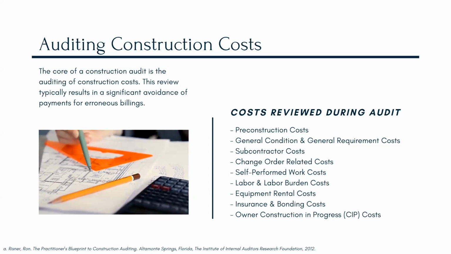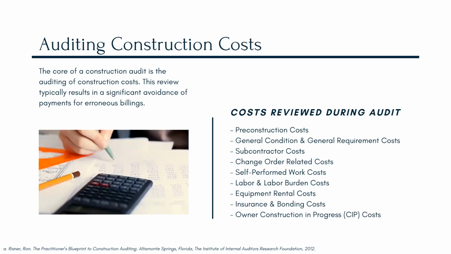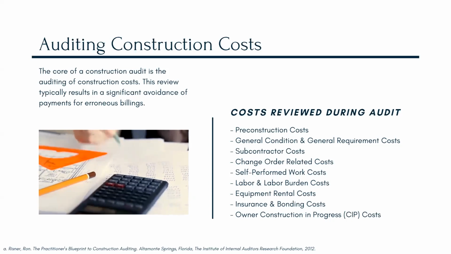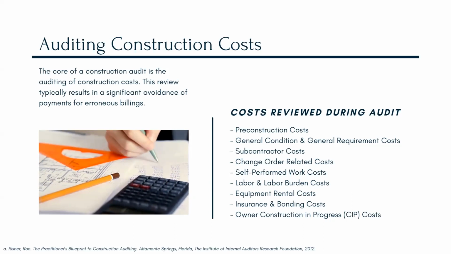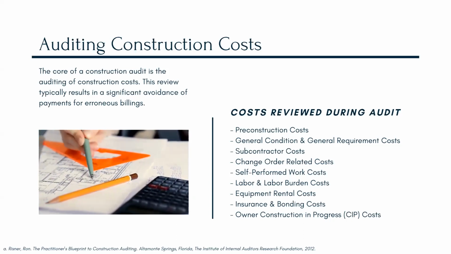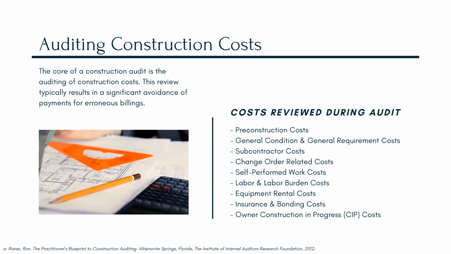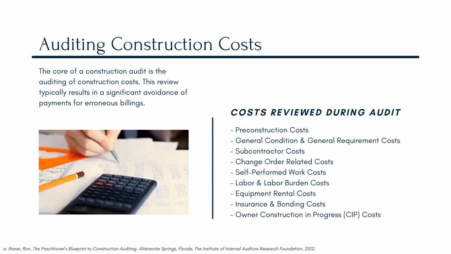A great place to start on auditing and verifying the subcontractor costs is the schedule of values. The schedule of values is a financial breakout of the contract scope, broken out by phase. Some of these schedules of values are more detailed than others. The more detailed, the more helpful as a starting point for an audit.